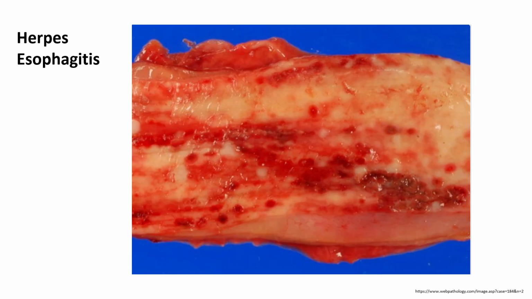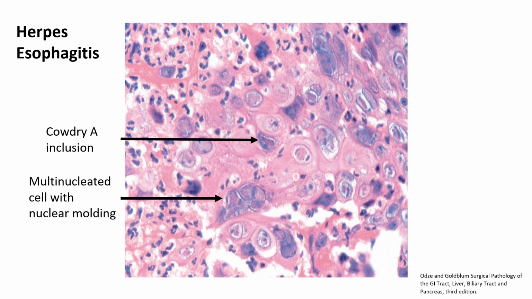This is a picture of herpes esophagitis, where we can see multiple punched out ulcers. Herpes simplex virus usually infects the squamous epithelial cells, so the viral cytopathic changes will be seen within the squamous epithelial cells. The viral changes characteristic of HSV are multinucleation, where the cell will have more than one nucleus.